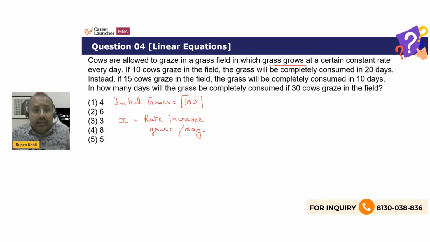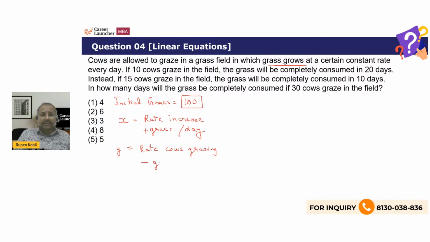So the grass increase per day, I'm taking it to be X units, right? And obviously there is a rate at which the cows are grazing the grass. So Y, let's say, I'm taking to be the rate at which the cows are grazing. Grazing means the grass is being eaten away, removed, right? So this is a negative change, the rate of decrease.